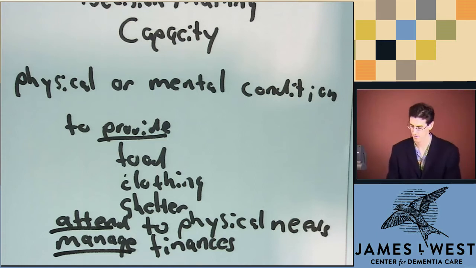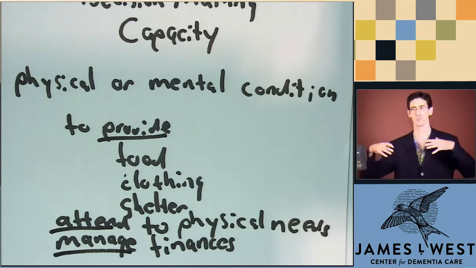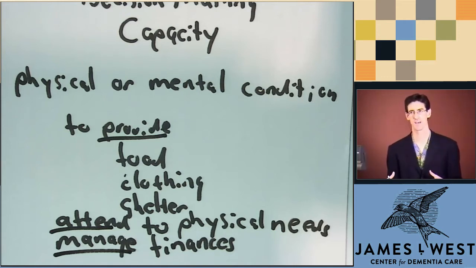If because of a physical or mental condition, they're unable to provide these things, attend to physical needs, or manage finances. For physical conditions, in my clinic, because I'm a geriatric psychiatrist, we're always looking at the mental condition. And in general, what we're trying to decide is, do they have incapacity because of a dementia or even because of a depression?